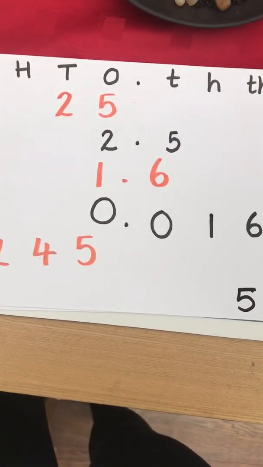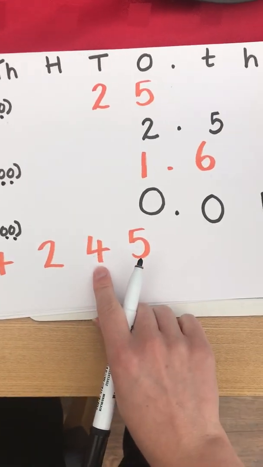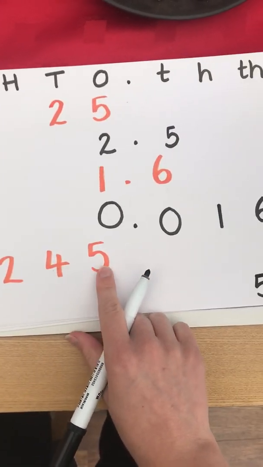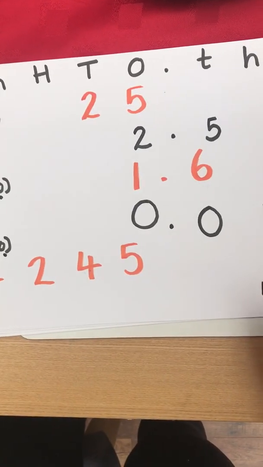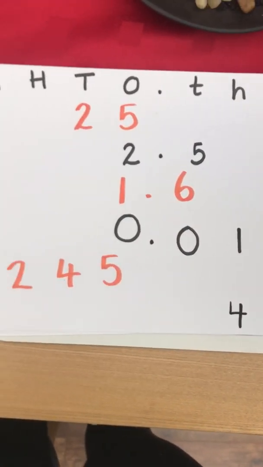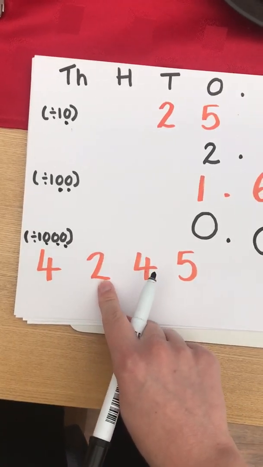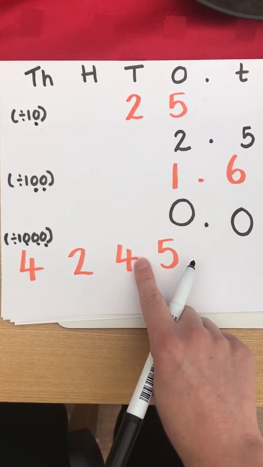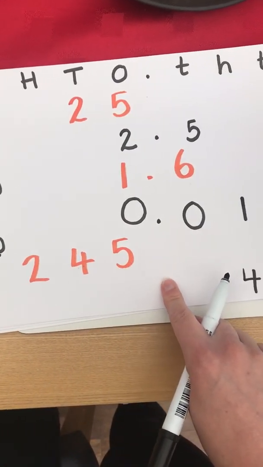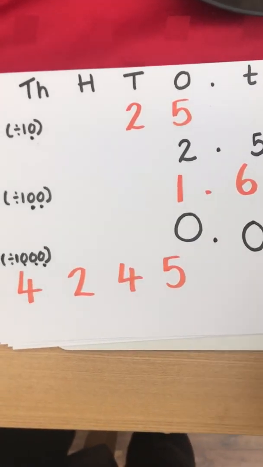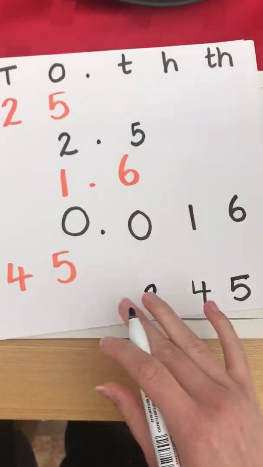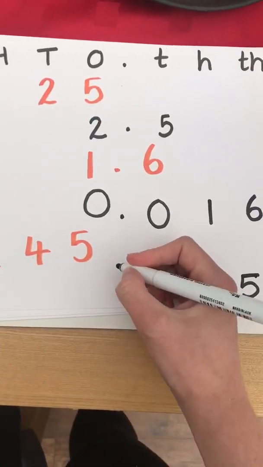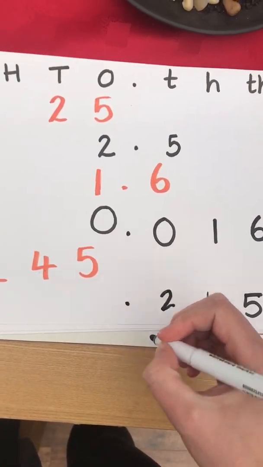Okay. Then the 4 is going to do exactly the same thing. It's going to jump once, twice, 3 times, so it ends up in the hundredths column. The 2 is going to jump 3 times the same way, once, twice, 3 times, into the tenths. Then we need the decimal point that never moves.